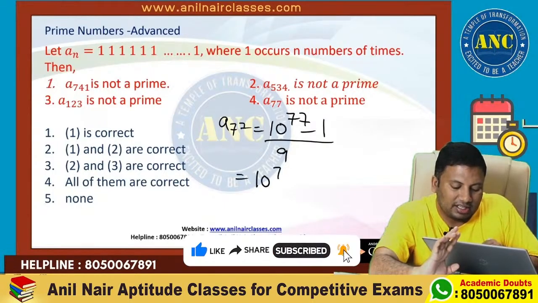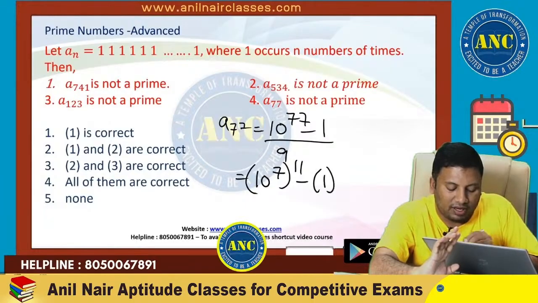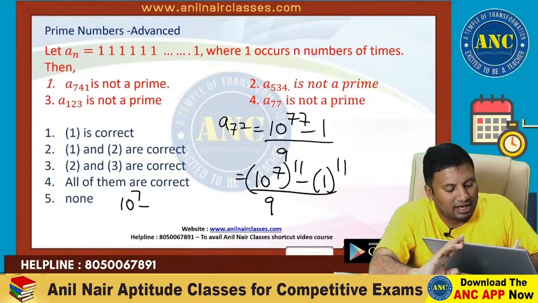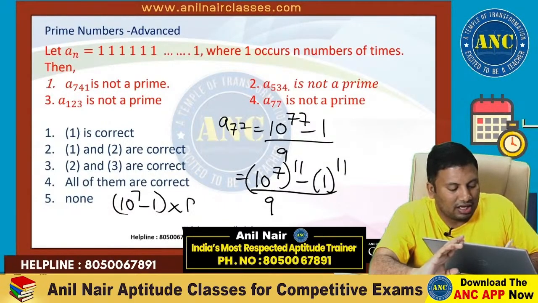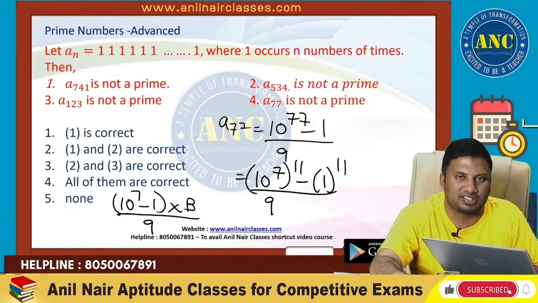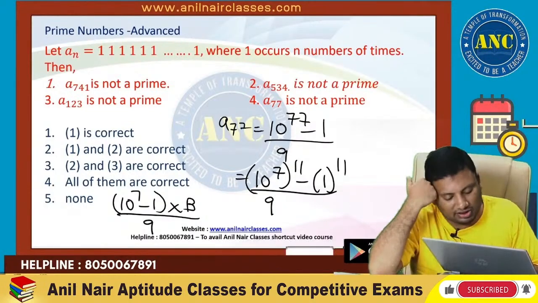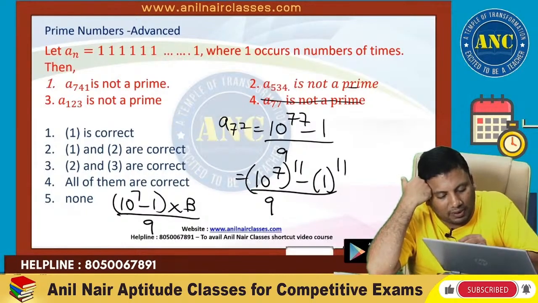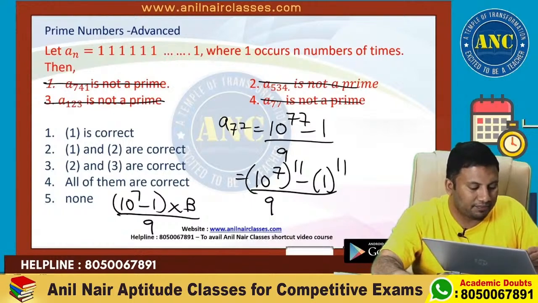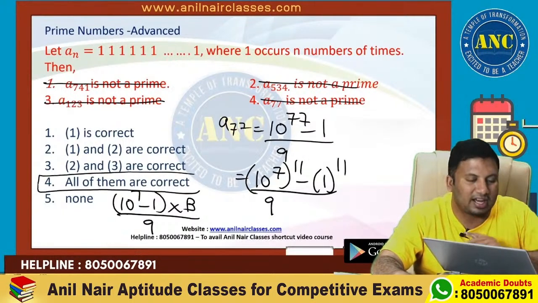This is (10^7)^11 minus 1^11 divided by 9. So this is divisible by 10^7 minus 1, into some number, divided by 9. I will get 6 ones. 6 ones is divisible by 3. So this is also not a prime number. All of them are right. All of them are correct.